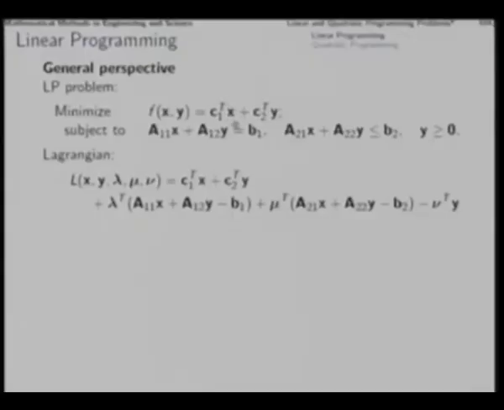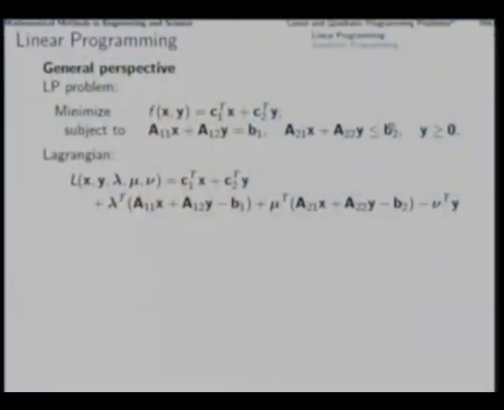The vector x contains those variables which are unrestricted in sign, and the vector y constitutes those variables which have an original non-negativity restriction, that is like a constraint. Okay. And these are equality constraints, these are inequality constraints.